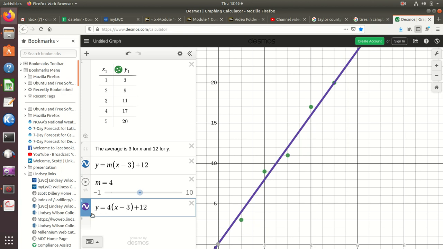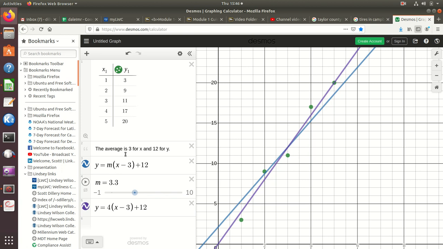Okay, so I don't have to use a slider, but I think a slider's a nice way to do it. So that's the idea of fitting a set of data that might not go through the origin. Now this did. It wasn't really supposed to.